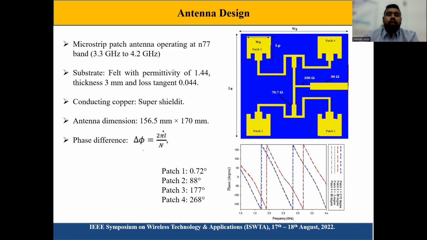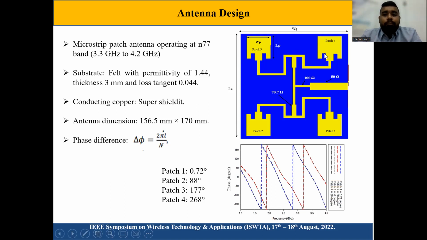Felt is a very robust fabric, and it is available in the market. For the ground plane and the radiating patch, I have used super shielded electrotextile. The best part of using super shielded is it doesn't peel off easily, and it can be easily mounted on the substrate just by using an iron.